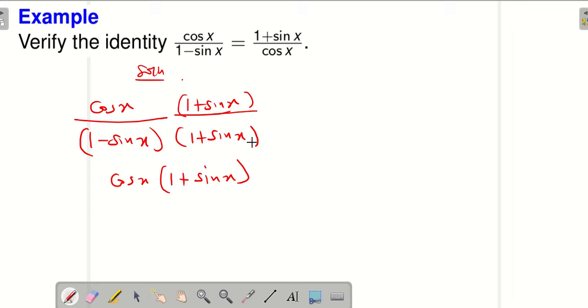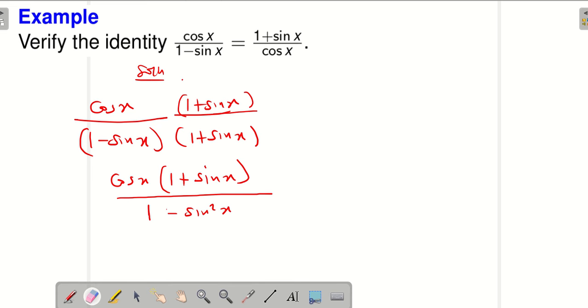Then let me rather focus on the denominator. Here we have 1 minus sine x times 1 plus sine x, which is the same as 1 squared minus sine squared x. Remember that 1 squared is the same as 1, so you can just write it as 1 minus sine squared x.